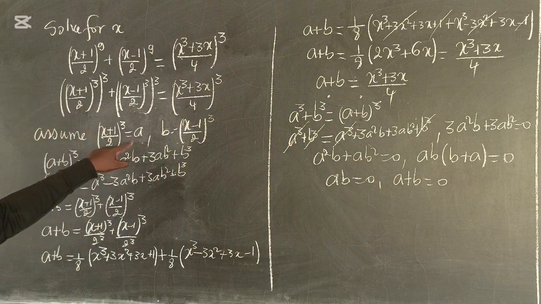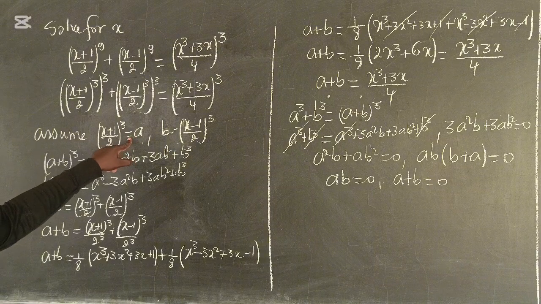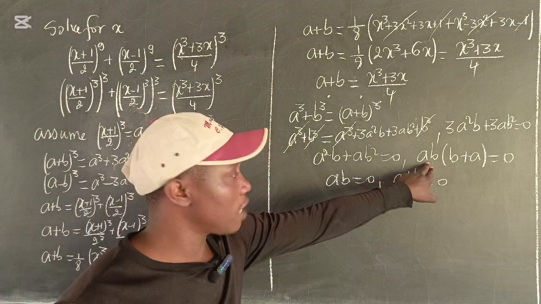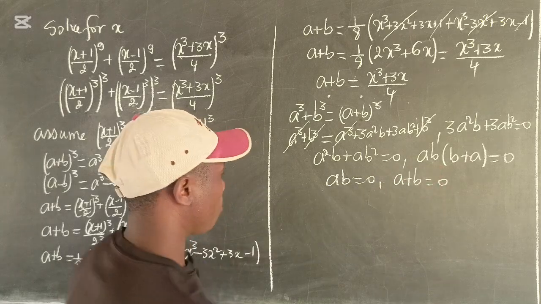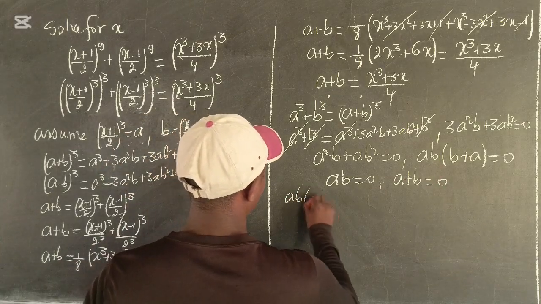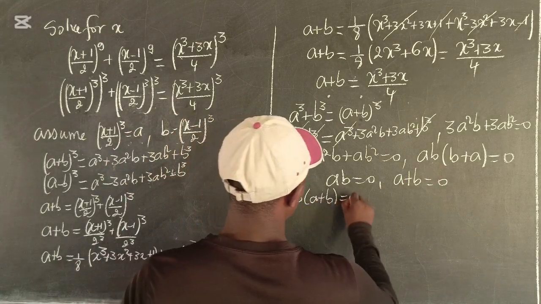And we know that a is this. We are at ab into (a plus b), which is 0.